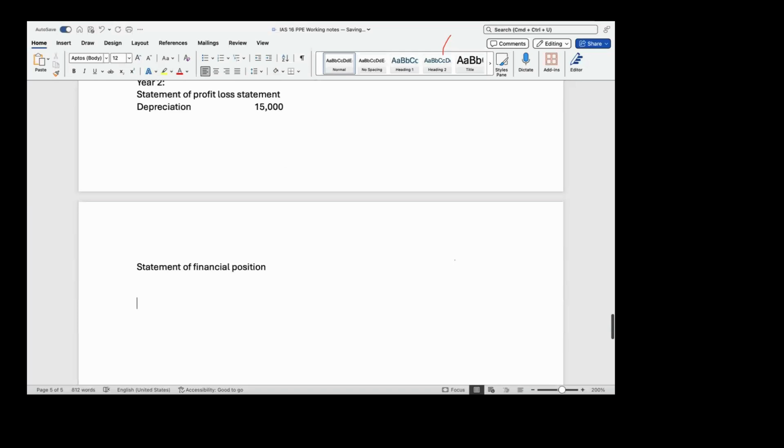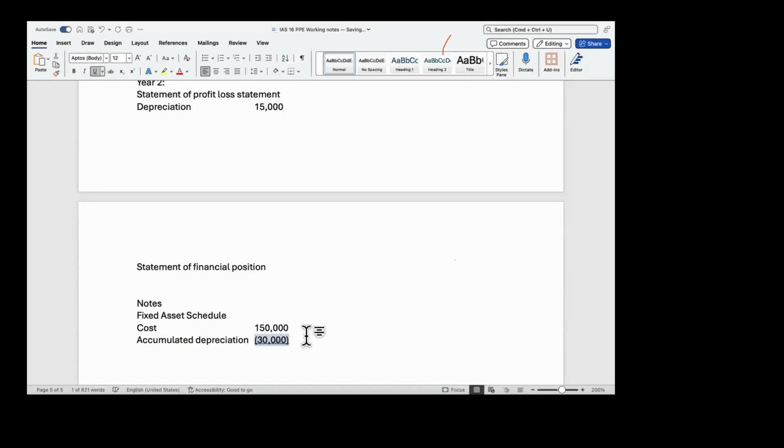under your notes, first, you will also prepare a fixed asset schedule. What will be the cost of the assets? It remains 150,000. What's now your accumulated depreciation? 30,000. Yes, that's 15 plus 15, that's 30,000.